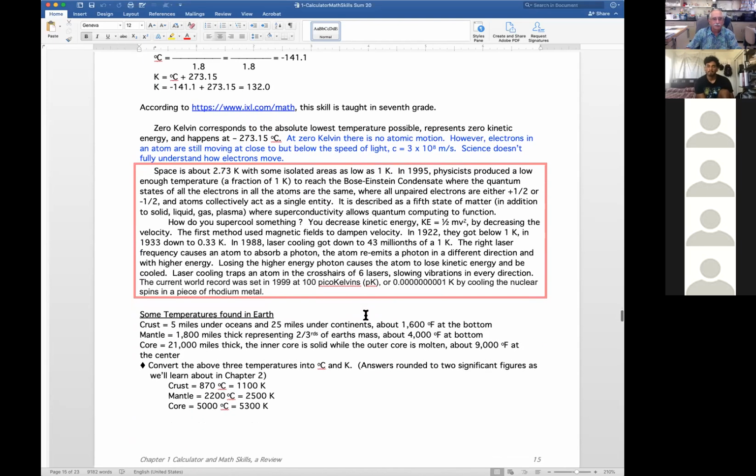So space is not 0 degrees Kelvin. It's about 2.7 Kelvin. But in 1995, physicists produced temperatures that were just a fraction of a degree Kelvin. In other words, they were able to create in the laboratory things that were colder than outer space itself.